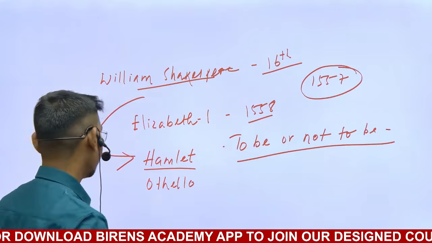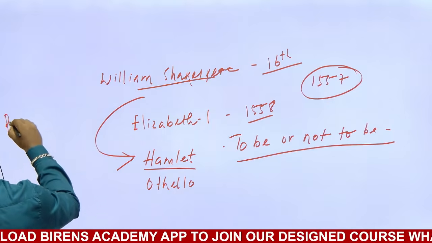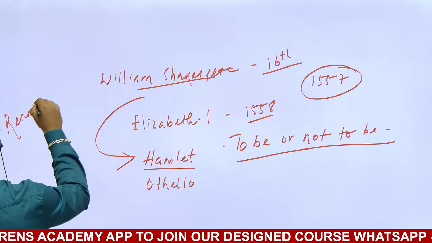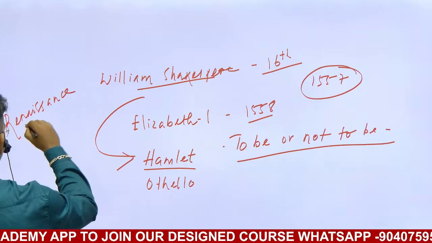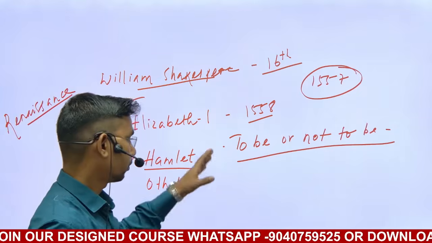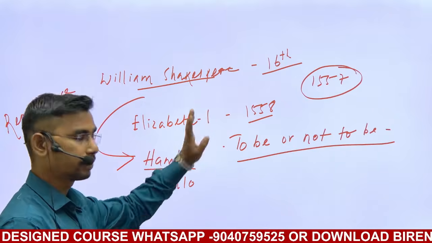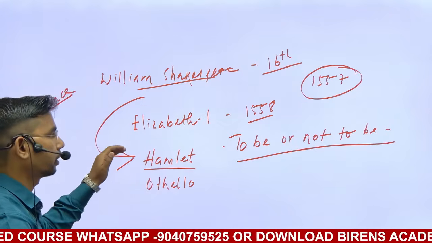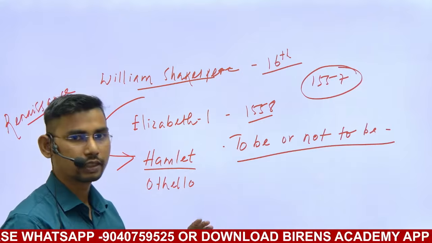So we usually call this period the age of Renaissance or the Renaissance period. Tottel's Miscellany was published in 1557, and the Elizabethan period begins from 1558 until her death.